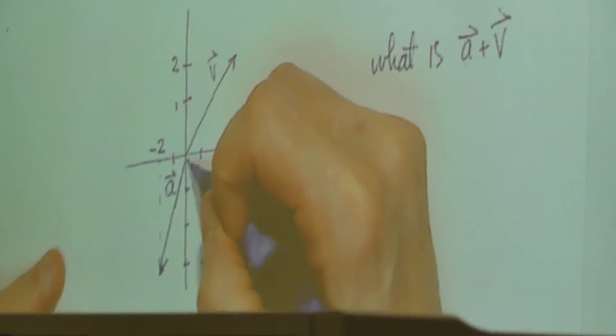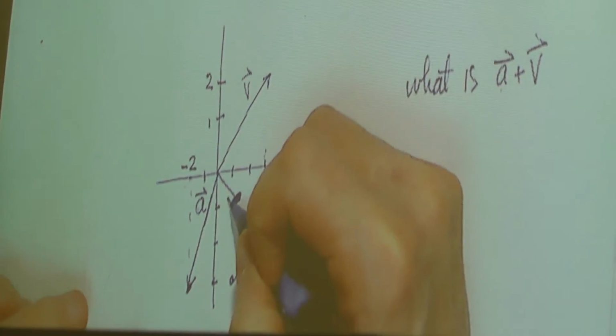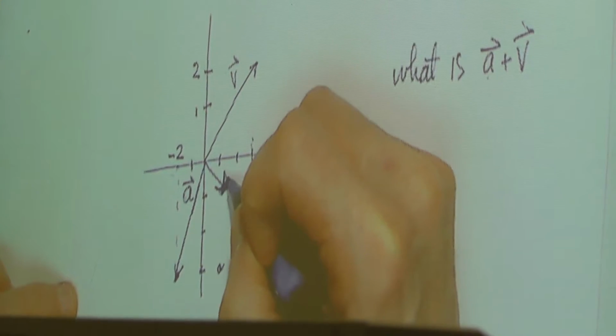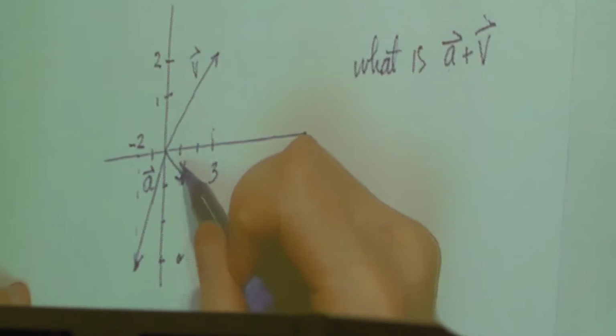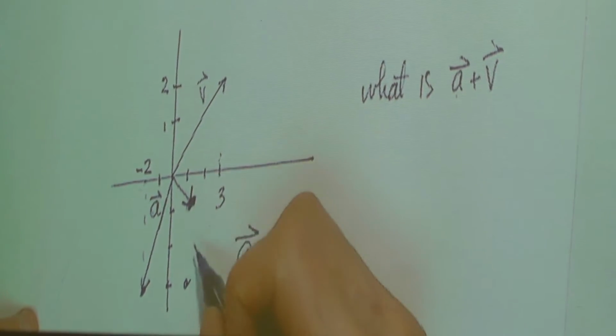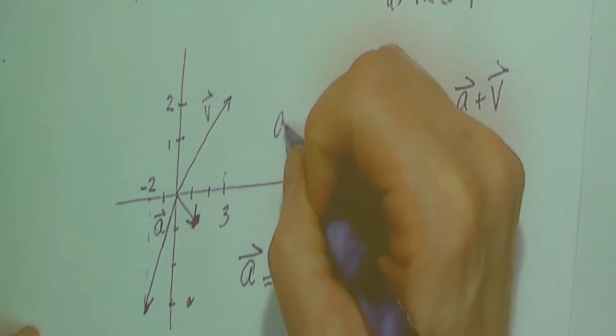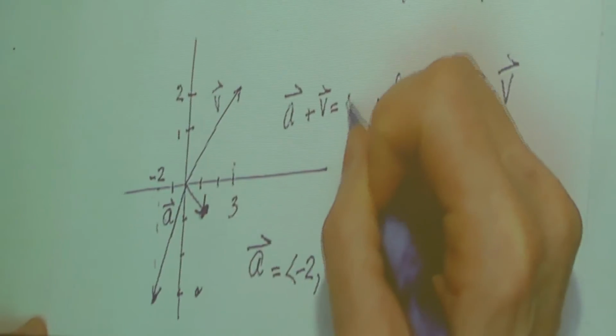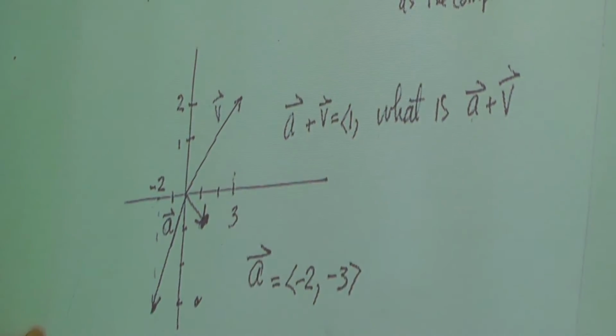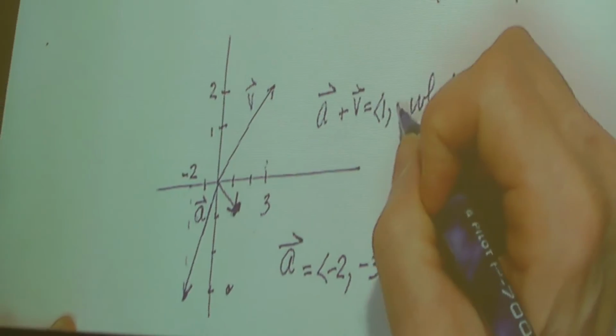I should end up with this vector, the coordinates of which would be, I believe, 1 and -1.